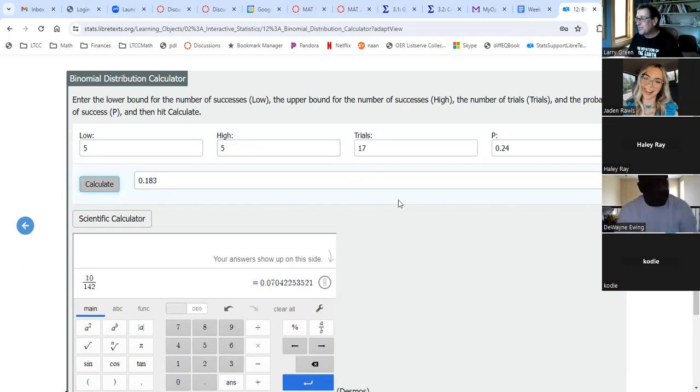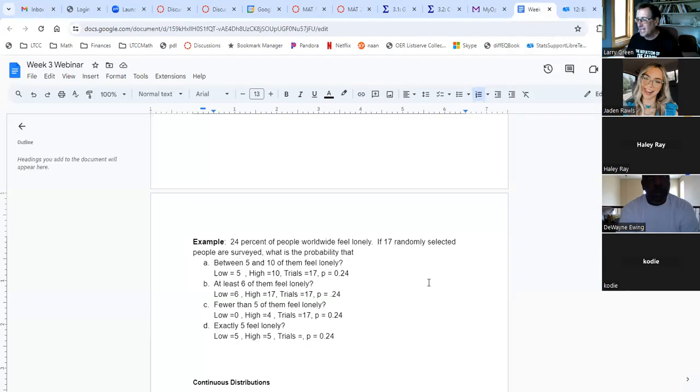And you get about an 18% chance that exactly 5 of those 17 people will feel lonely. Any questions at all on this example? By the way, my source was Gallup Poll. They did a survey of people all over the world, so if you trust them, then trust all of this. Any questions on that?